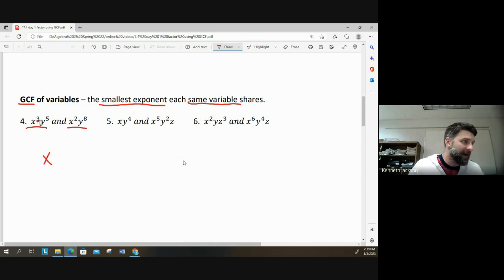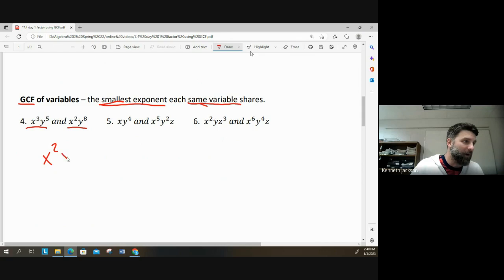This term has 3 x's, and this term has 2 x's, so the GCF would be x squared. They can share at most 2 x's. It's the smallest exponent that each same variable shares.